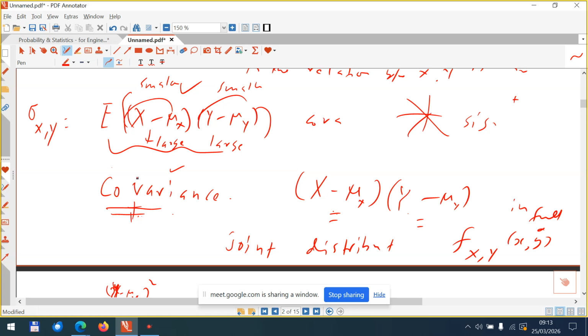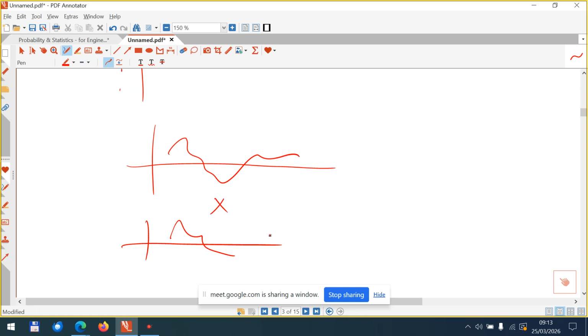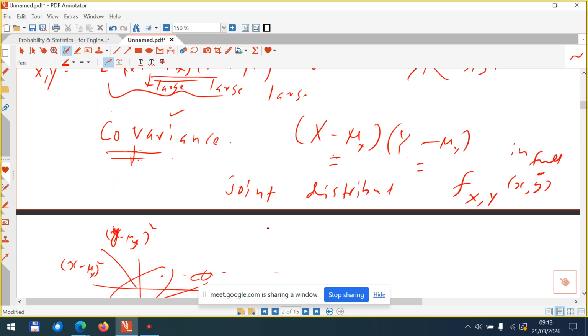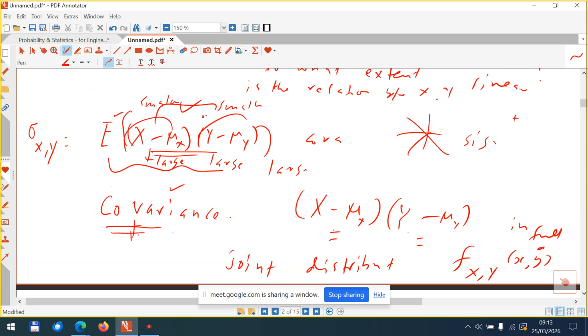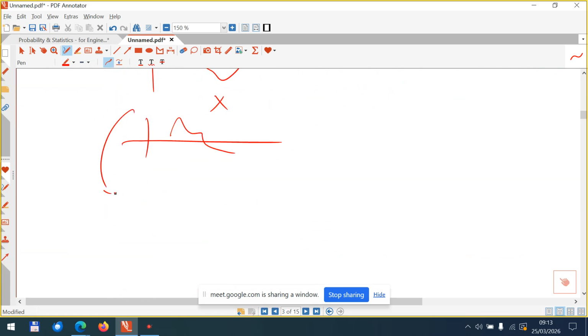So if you now take that expected value, which will involve a summation or an integral, you expect a large value at the end because things don't cancel out. Imagine I have one signal and another signal and I multiply these two signals, because this is what we do: we multiply these two deviations, and then take the average of the product.